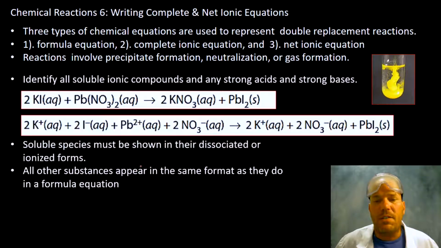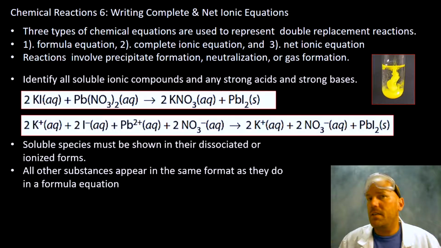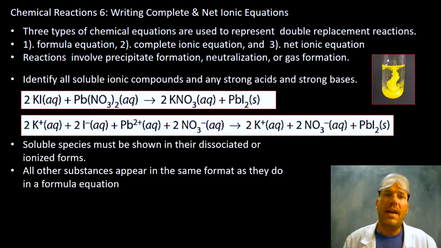All other species, such as solids, liquids, and gases, are going to remain in the same form as they were in your formula equations. Those do not ionize; those stay as a gas, a solid, or a liquid.